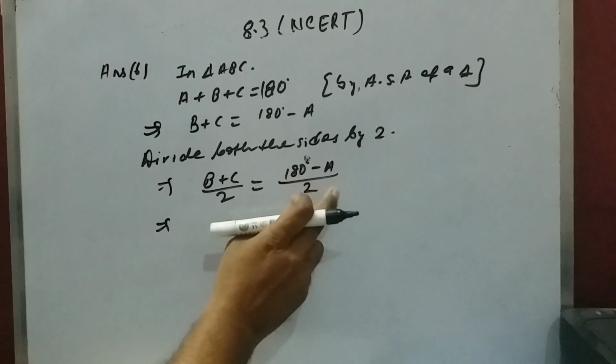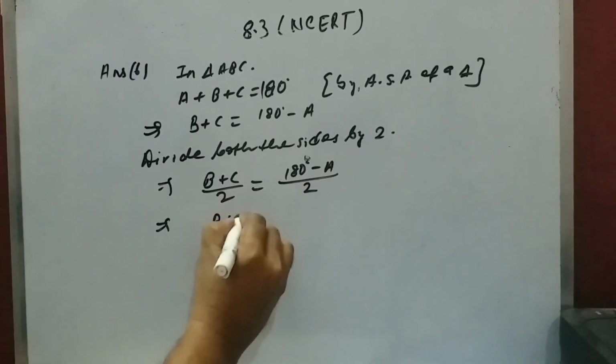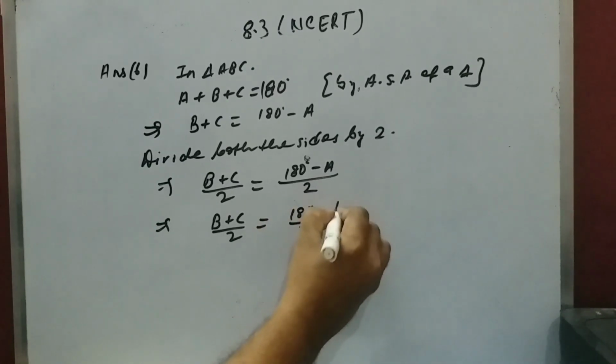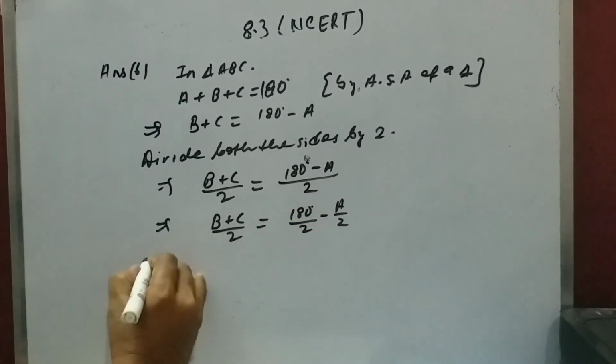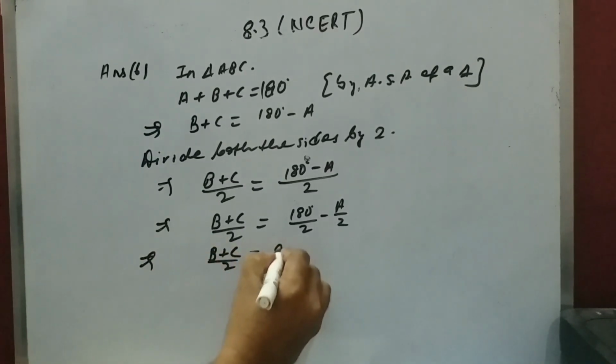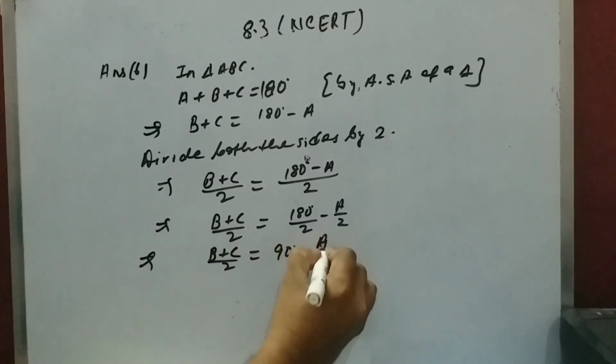Now do alternate division here: (B plus C) by 2 is equal to 180 degree by 2 minus A by 2, and this is 90 degree minus A by 2.